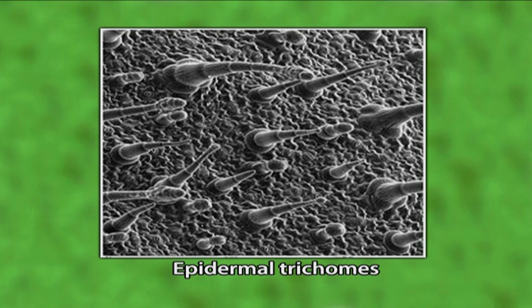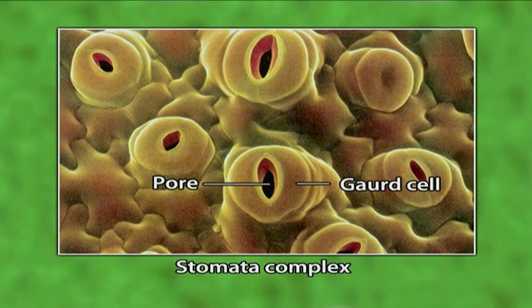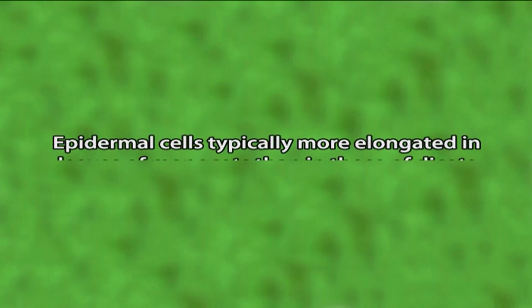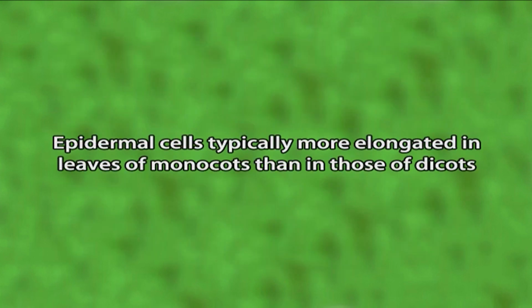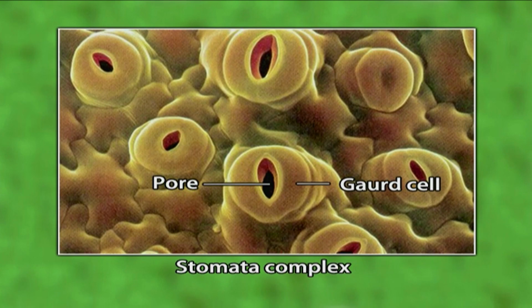The epidermal tissue includes several differentiated cell types such as epidermal cells, epidermal hair cells, trichomes, stomata complex, guard cells, and subsidiary cells. The epidermal cells are typically more elongated in the leaves of monocots than in those of dicots. The epidermis is studded with pores called stomata. Stomata complex consists of a pore surrounded on each side by chloroplast-containing guard cells and 2 to 4 subsidiary cells that lack chloroplasts.